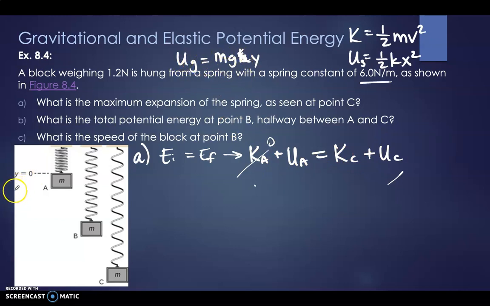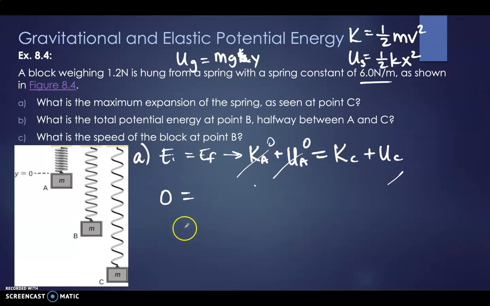We state that y equals 0 at this point, so our gravitational is going to be 0. And our displacement for our spring is also 0. There has been no displacement yet, so again, this will be 0.